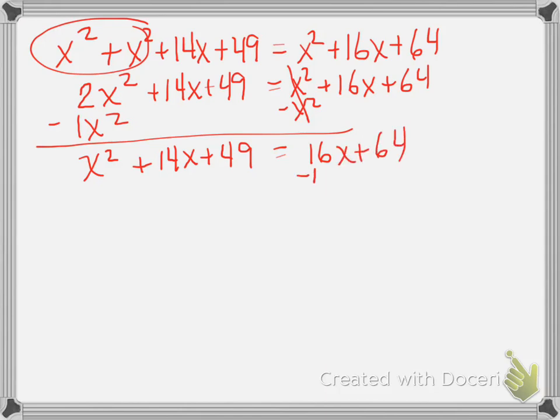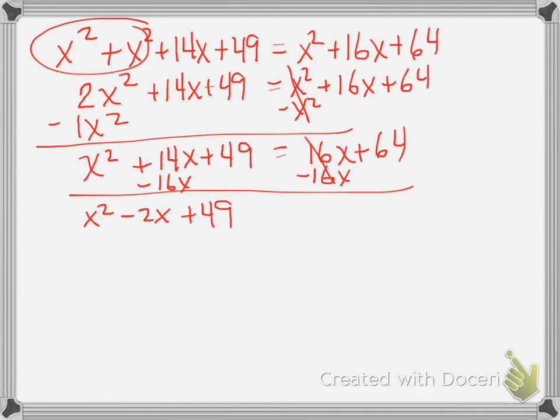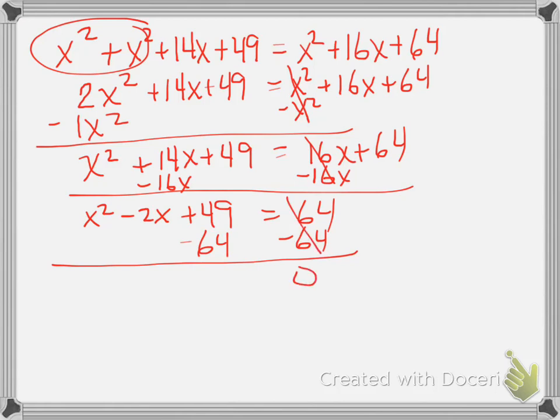Now I'm going to take my 16x and move it over. I have x squared minus 2x plus 49 equals 64. And now I'm going to take my 64 and move it over, and I have 0 equals x squared minus 2x minus 15.